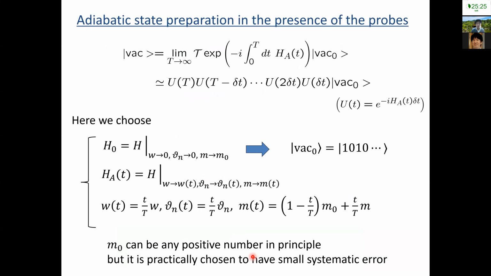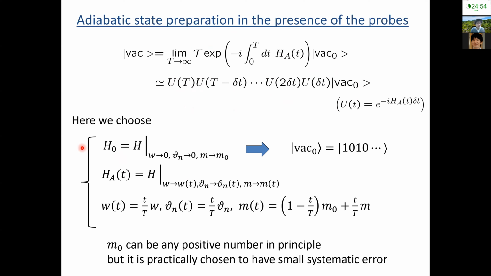But in practice, we have to discretize the integral into the product. So practically, we have to evaluate this one, and we also apply the Suzuki-Trotter decomposition for each factor.